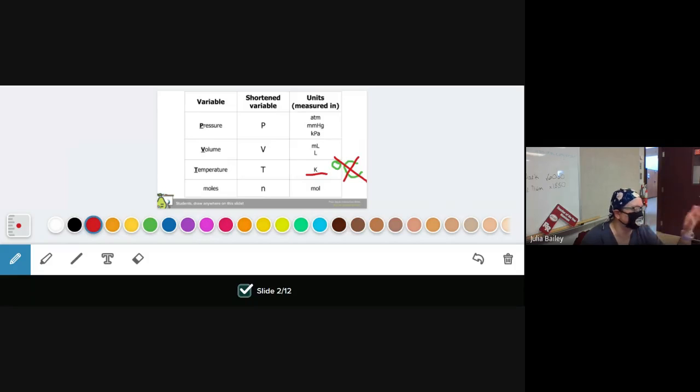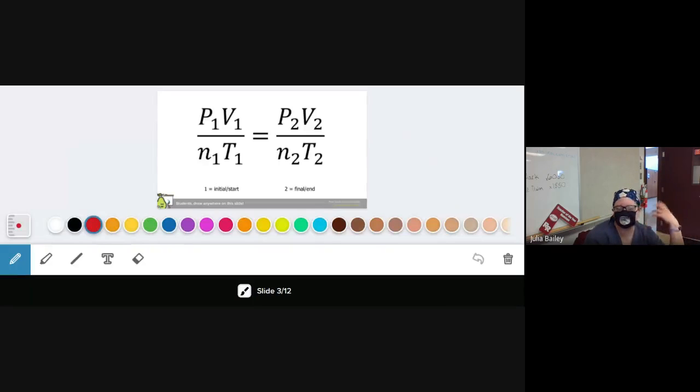So moving right along, before we can get to the daily check, we also need to talk about our formula, the combined gas law, which is what this entire daily check is about. The combined gas law compares what a gas is like before and after a change.